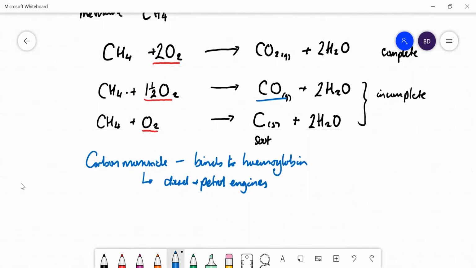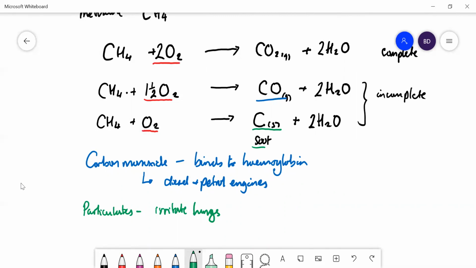Right, what's the problem with this product, the solid carbon soot? Well, it makes particulates, and they irritate the lungs and cause breathing difficulties. People are becoming increasingly aware that they do cause a lot of damage.